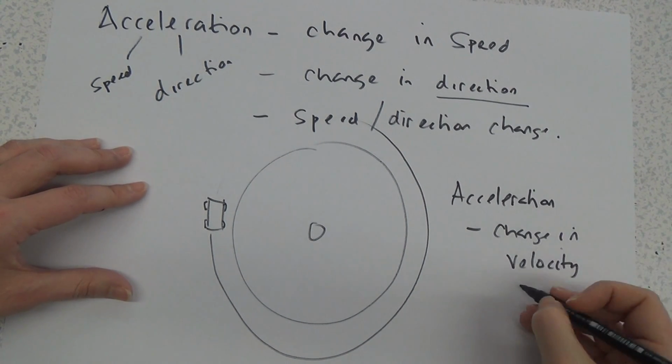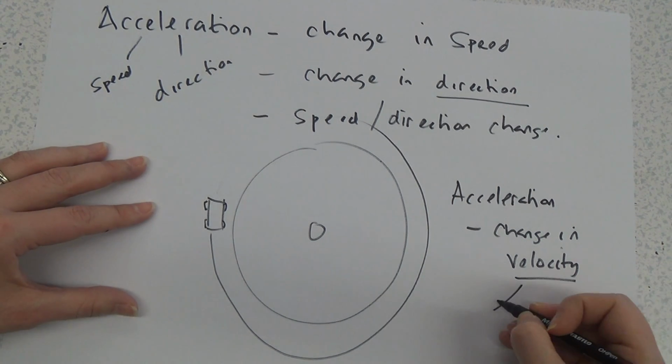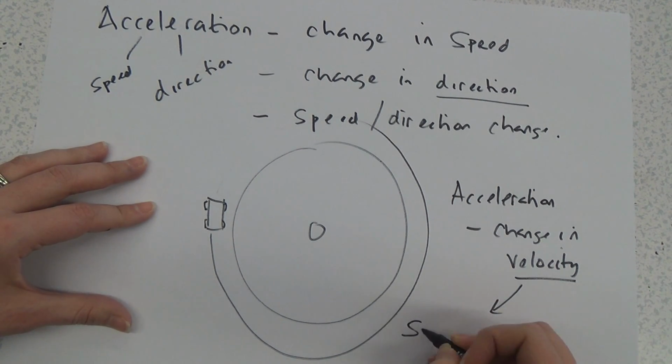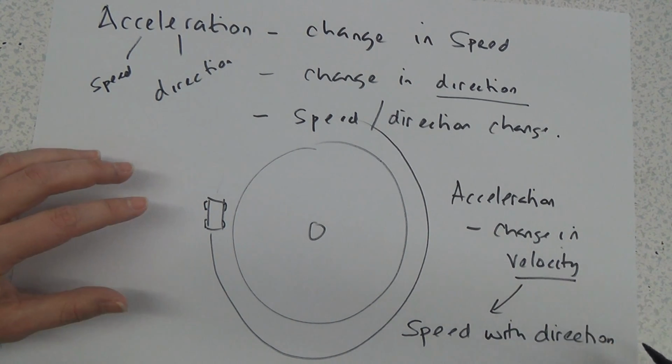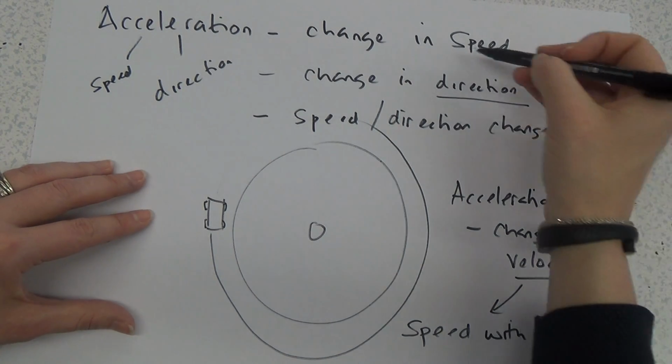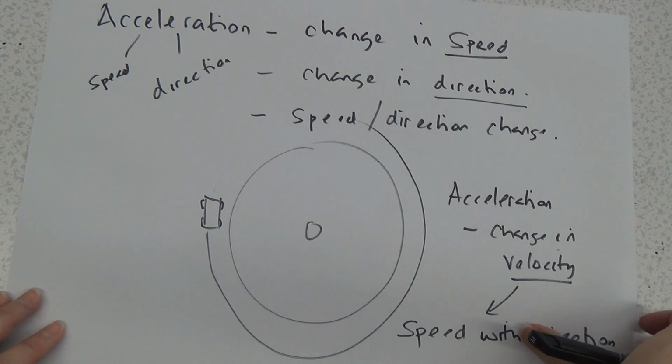Now again, in science, we use velocity to pretty much mean speed. But actually speed is not the only thing that is included in velocity, because velocity is speed with direction. So because acceleration is a change in velocity, that means if you change the speed or if you change the direction, you are technically accelerating.